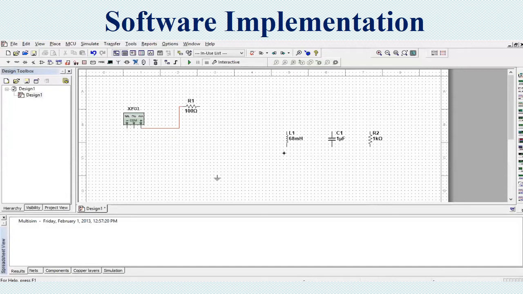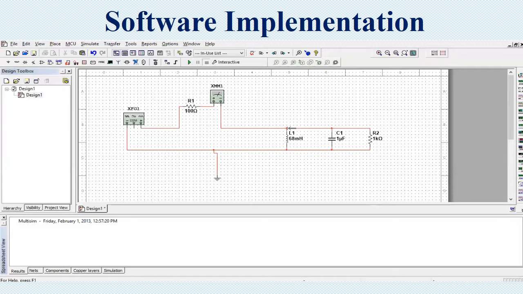After this, I will connect all the components with the negative side, and also I will connect the ground terminal. Then we will connect two multimeters, one for the measurement of current and one for the measurement of voltage in the circuit. So connect one multimeter at this place, connect the resistor, and then connect the capacitor and the inductor.